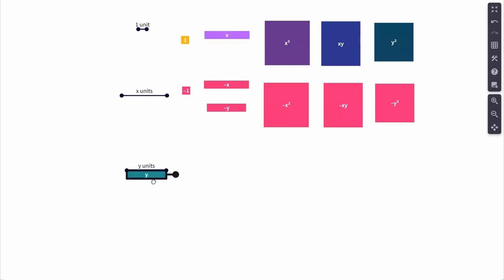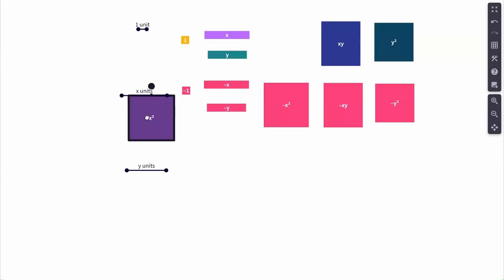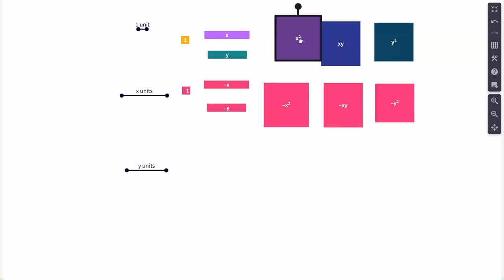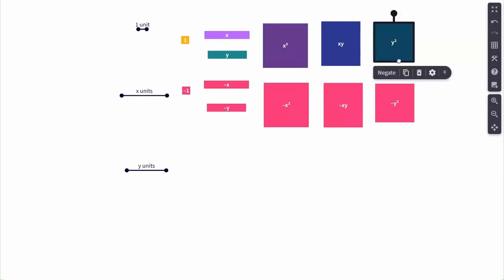And then Y is similar. It's Y units long, 1 unit wide, 1 times Y is Y. X squared, X units long, times X units wide. X times X makes X squared.